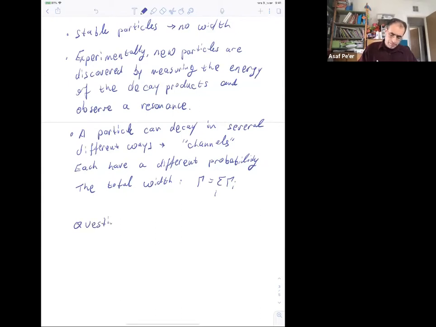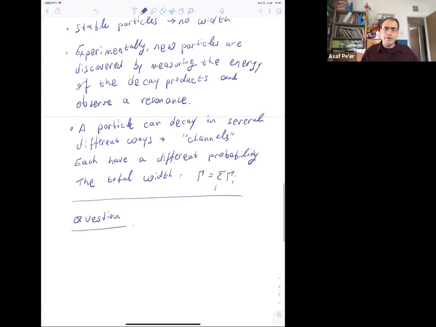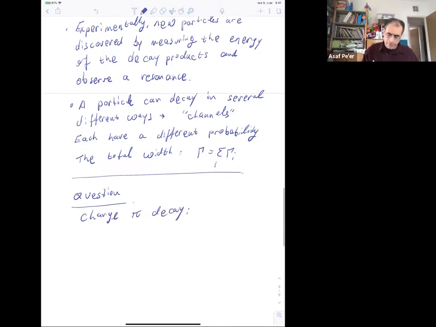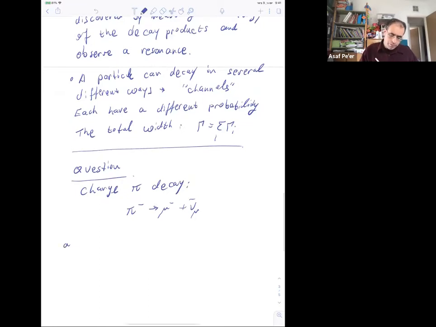Consider a charged pion decay, for example, the pion decays into a muon and an antineutrino, a muon neutrino. Part one: what are the energy and momenta of the muon and the neutrino in the pion's rest frame?